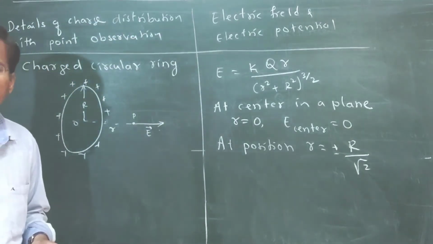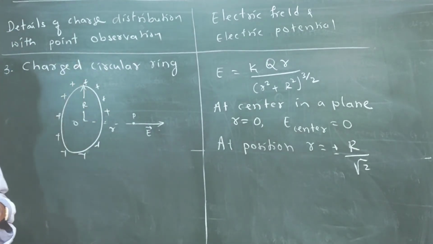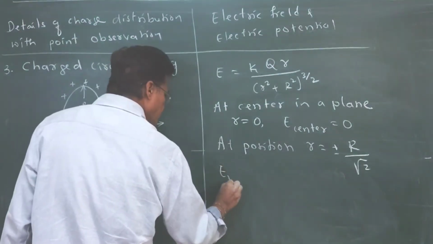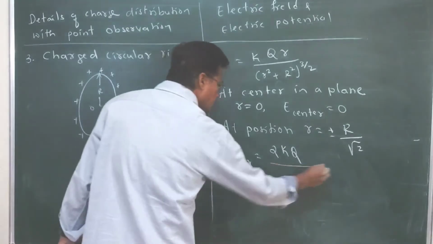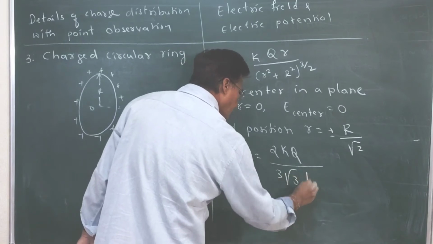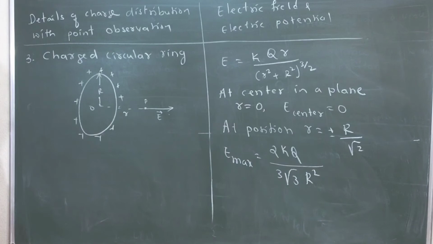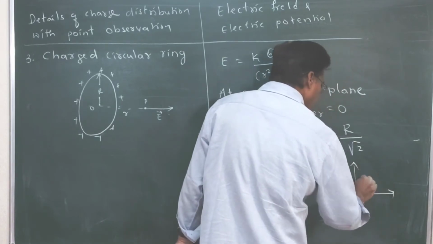In one NEET exam, this type of problem has been solved. So ultimately we get E maximum equal to 2kQ divided by 3 square root of 3 R square. So this is the maximum electric field.